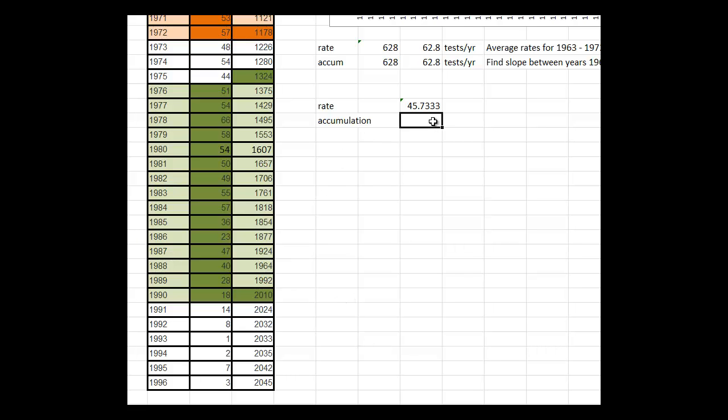So the accumulation is the change in Y, or the change in the number of total nuclear weapons tests, which is the number on the end minus the base number at the very beginning, divided by the number of years in that interval. So let me just put count because I don't know how many there are. And we get the same thing.